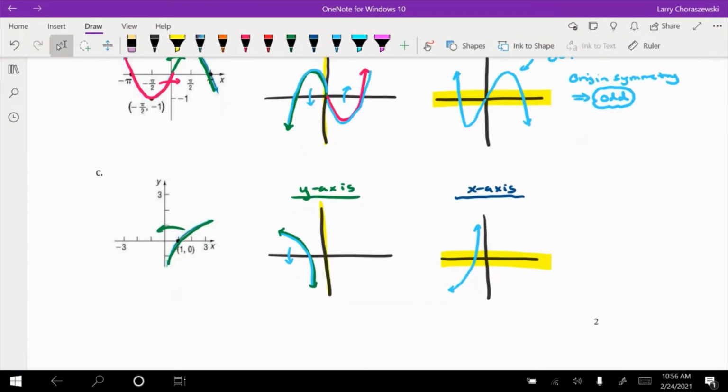No. So what kind of function is this? Yep, it's a neither function. So no x-axis or origin symmetry. That implies neither.